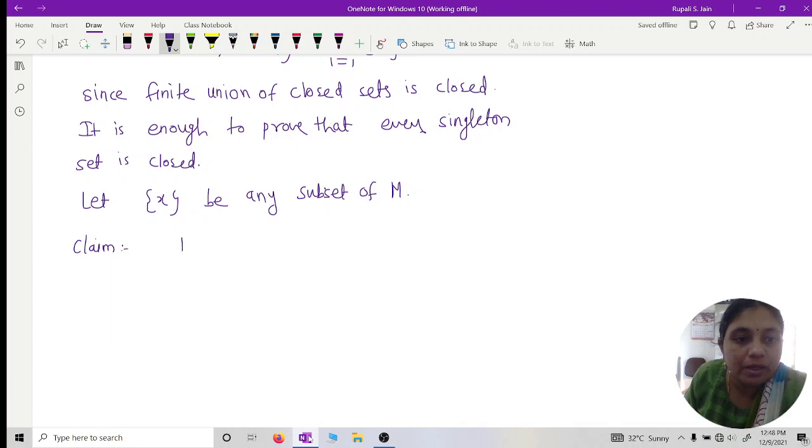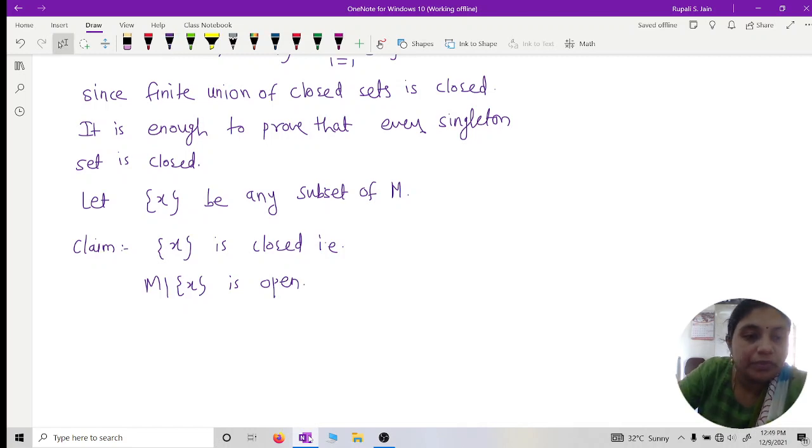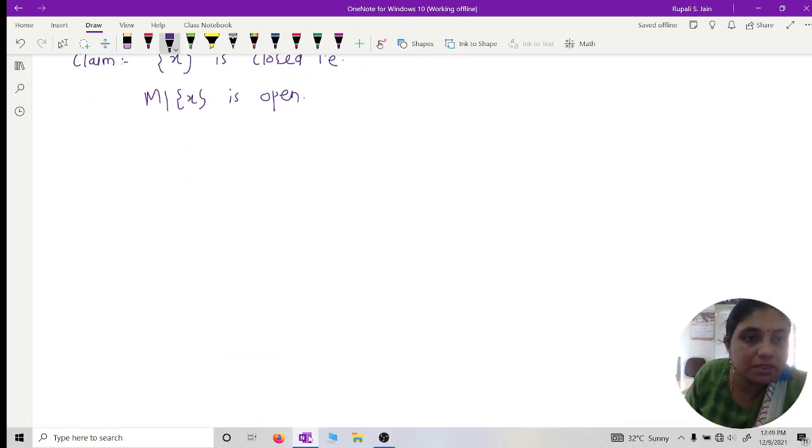I claim this singleton {x} is closed. That is, I want to prove M minus {x} is open. Okay, so how do we usually prove a set is open? Let us start with an arbitrary point y belonging to M minus {x}.